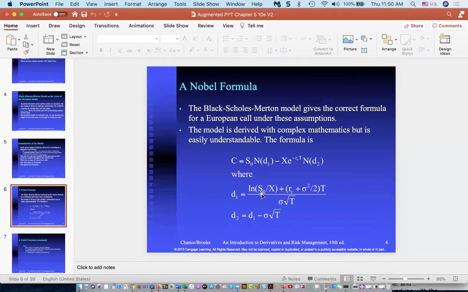There is S sub 0, there is X, there is R sub C, there is sigma, and there is T. So how many altogether? 5.